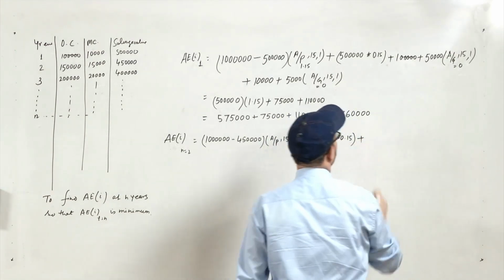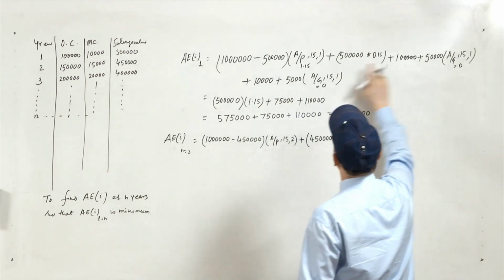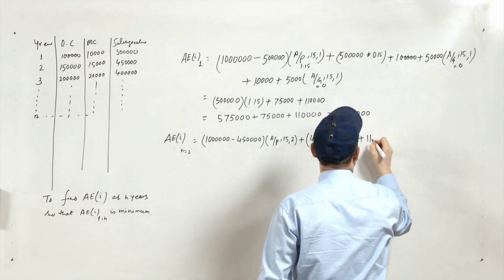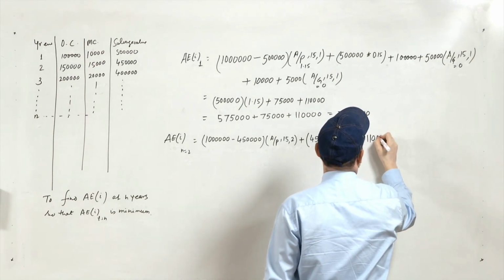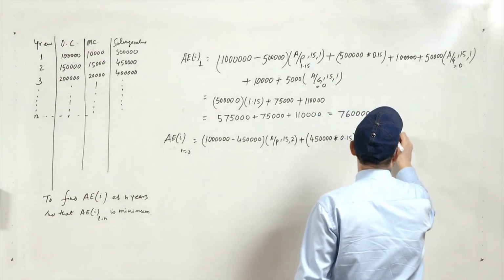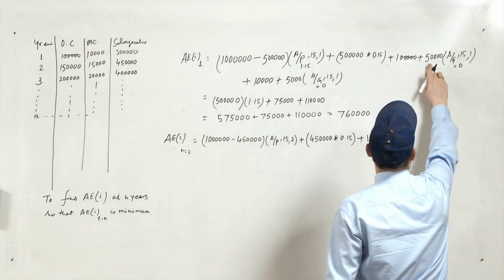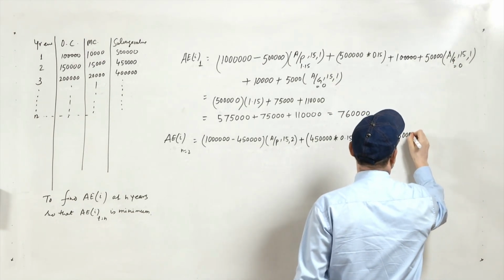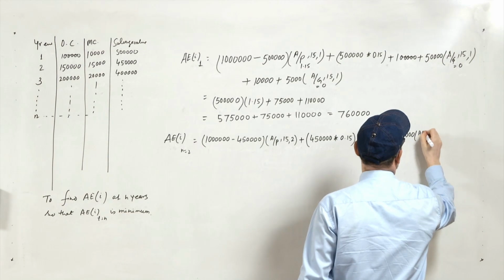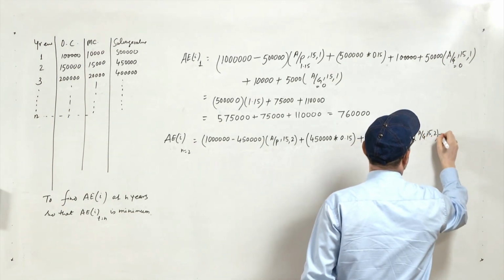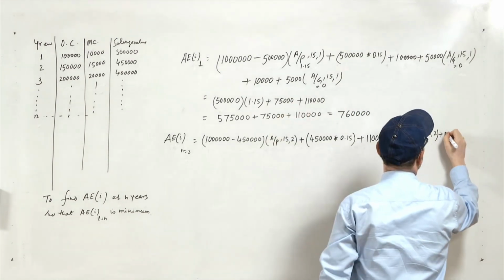Now we can have the general expression. In this expression these two are the fixed amounts, so we can directly write 1,10,000 plus 50,000 A by G 15.2 plus 5,000 A by G 15.2.